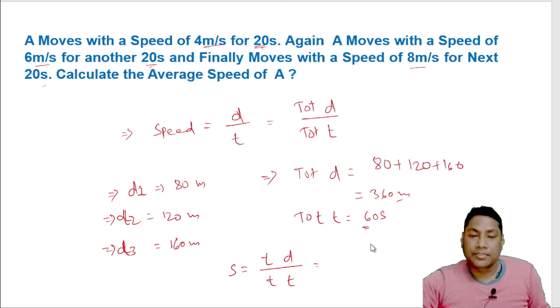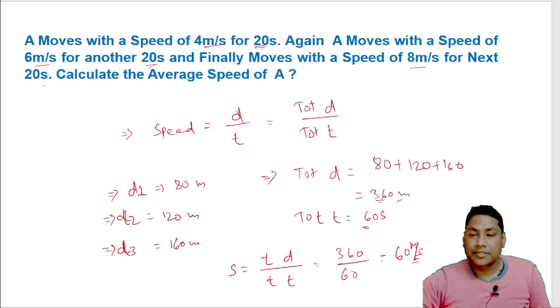The total distance we have calculated is 360 meter, and the total time is 60 seconds. So the average speed is 6 meter per second. Now let us solve some other questions.